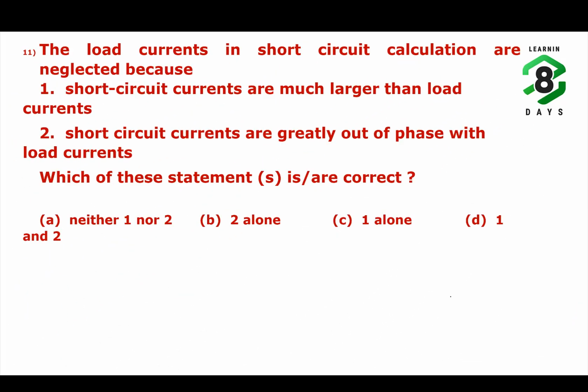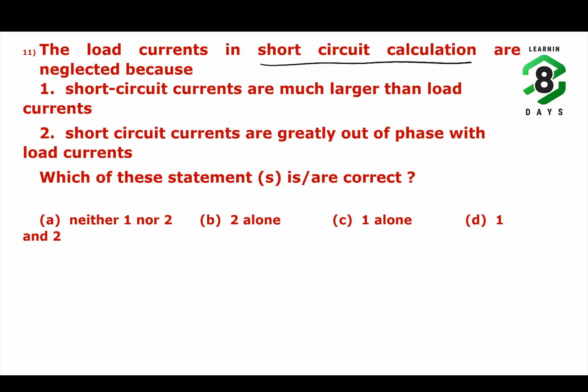The load current in the short circuit calculations is neglected. Why? Because short circuit currents are very much larger than the load currents. Short circuit currents are greatly out of phase with load currents. Which of the statements is correct? So while doing the fault analysis, short circuit analysis means fault analysis, we neglect load currents because when the system is operating in healthy condition, most of the times the load currents are mainly resistive.